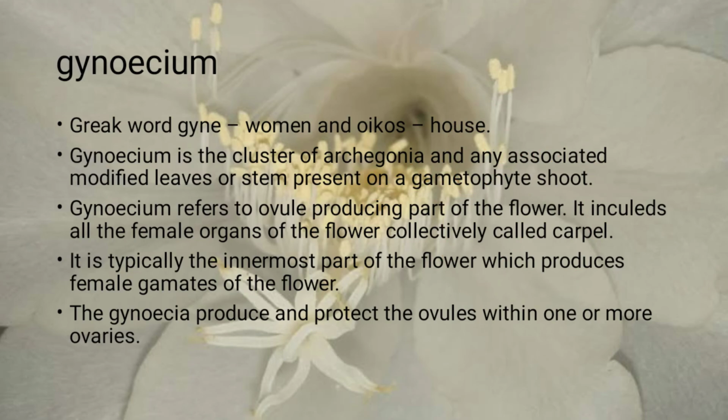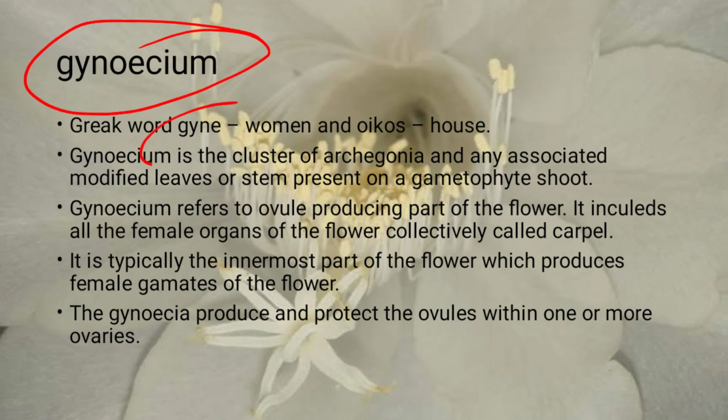The fourth whorl is the gynoecium. Gynoecium is derived from the Greek words gyne and oikos. Gyne means woman and oikos means house, which means the house of women, that is, the female reproductive organ.